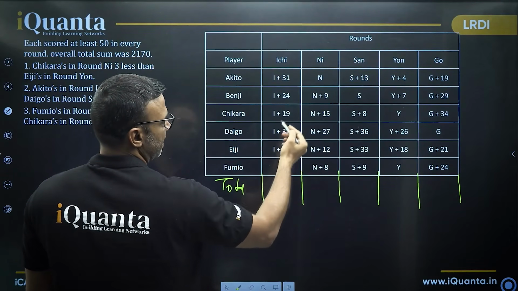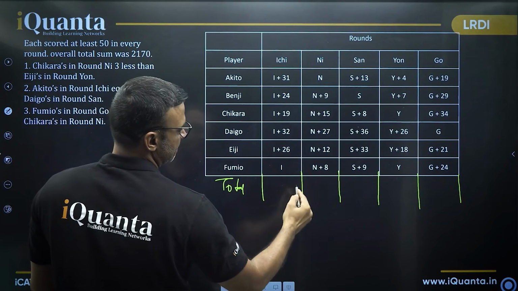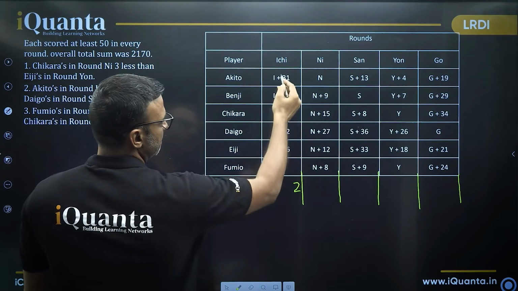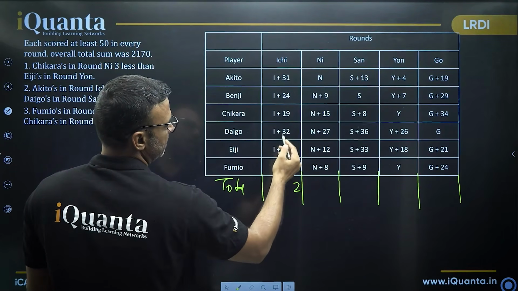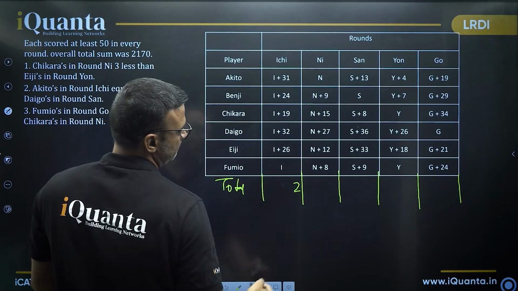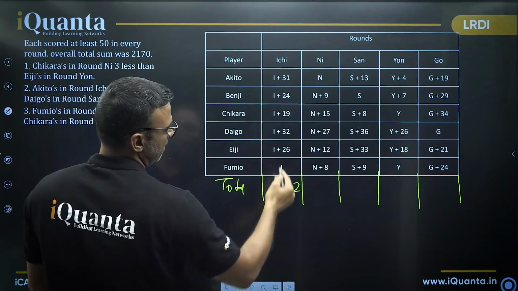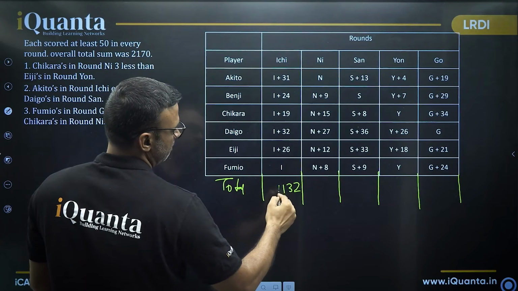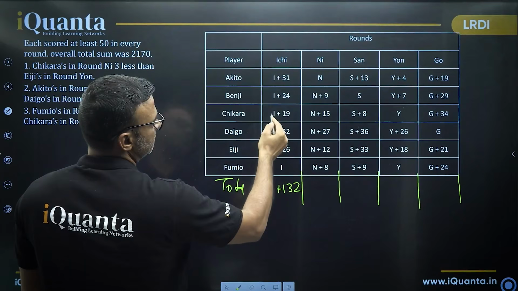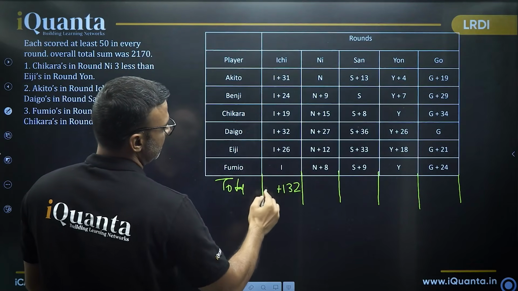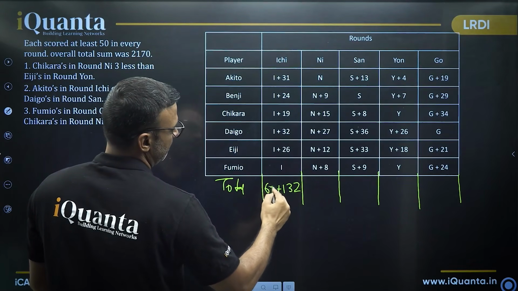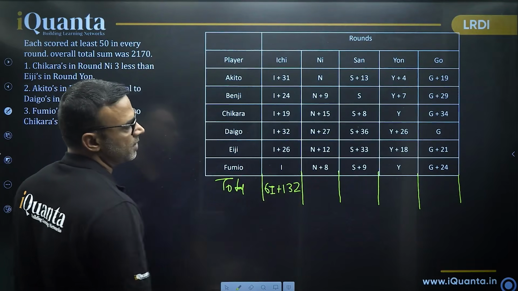1 plus 4, 5 and 9, 14 and 2, 16 and 6, 22, 2 and 3, 5 and 2, 7 and 1, 8 and 3, 11 and 2, 13, plus 1, 2, 3, 4, 5, 6. I is coming 6 times, so 6I plus 132.